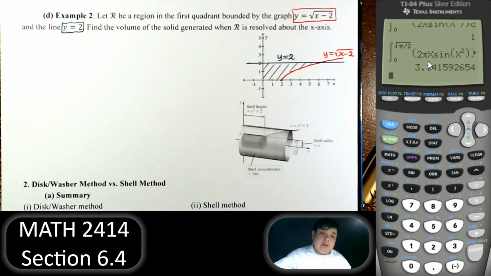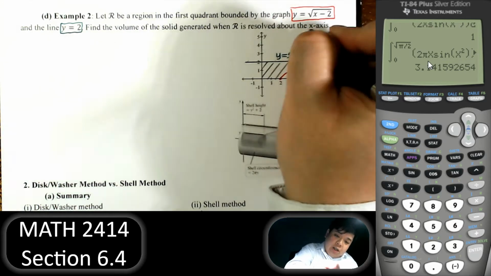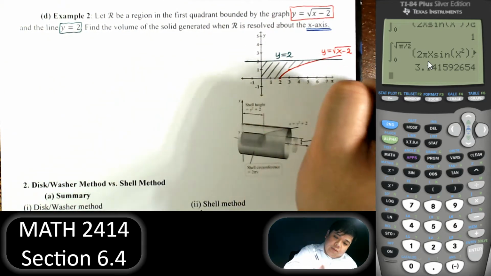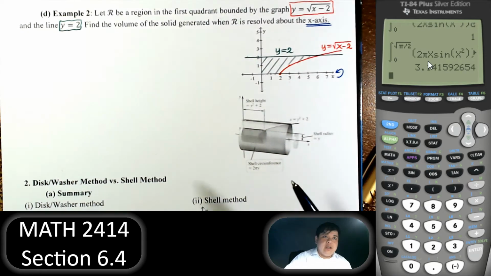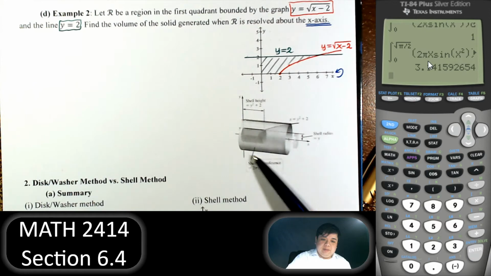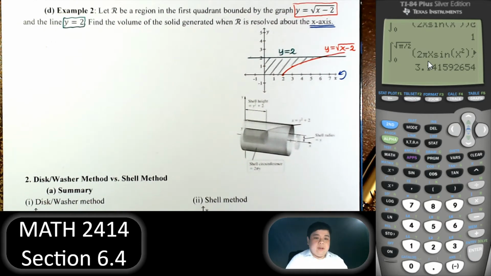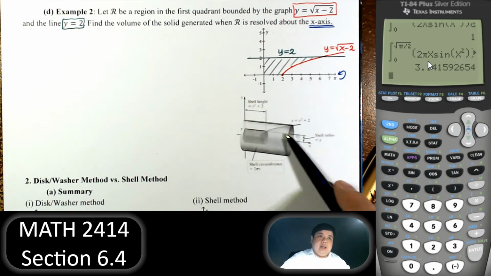Now, most importantly, the axis of rotation is the x-axis. So we rotate, and we have a shaft like this. It is a cylinder, but take out a paraboloid.